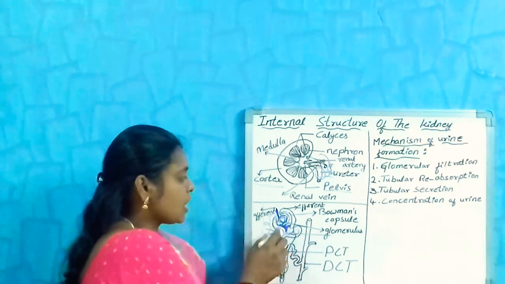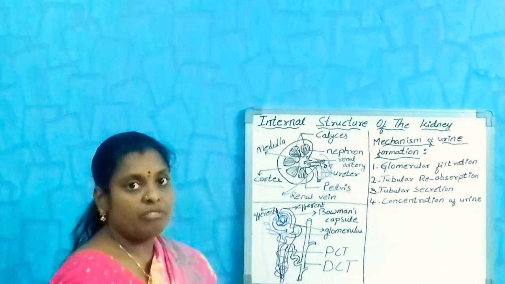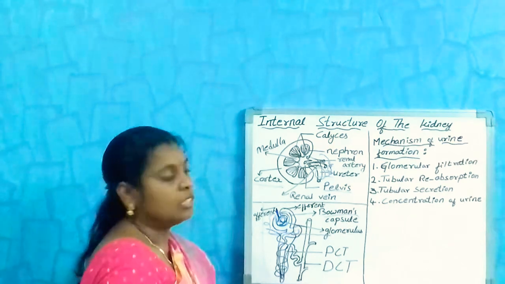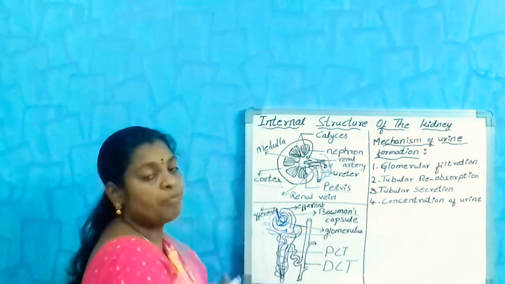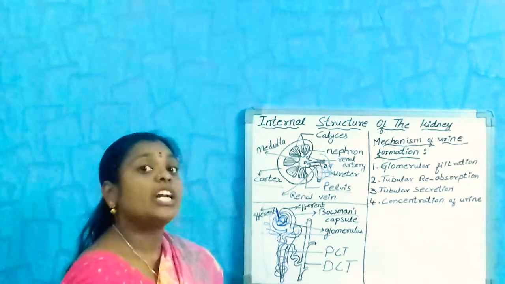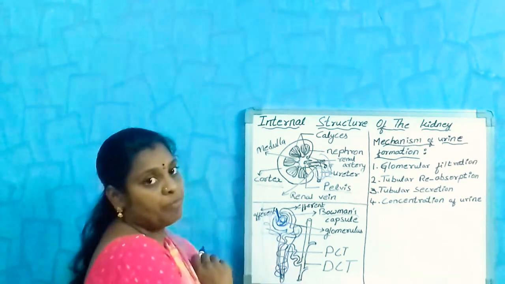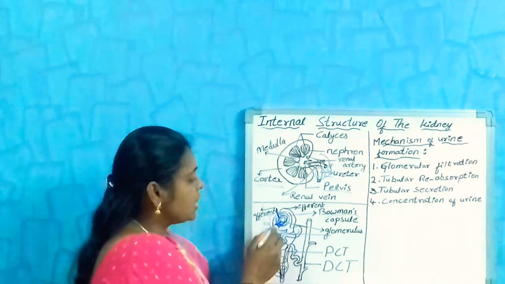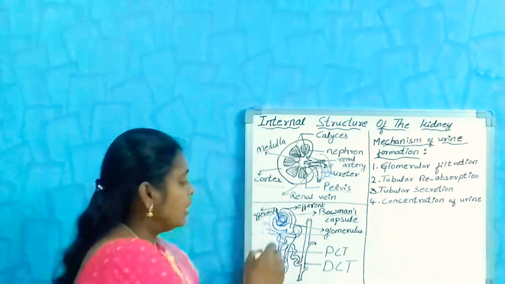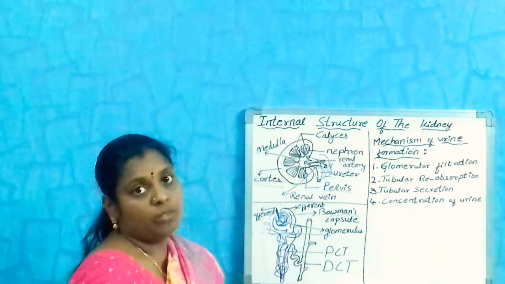You can see, this is a cup-shaped structure of the nephron. We call it the Bowman's capsule. This Bowman's capsule is supplied with the afferent arteriole, and this is the afferent arteriole, and the blood which enters into this afferent arteriole is again released through the efferent arteriole.